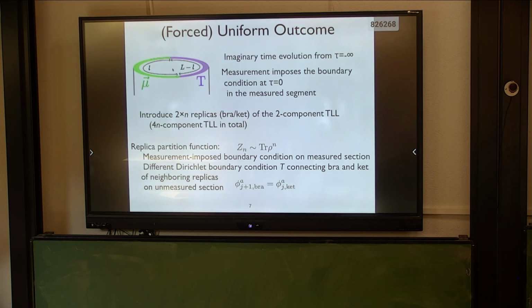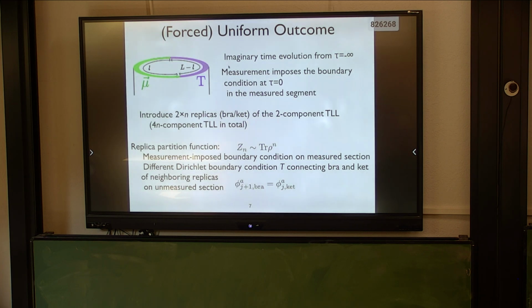Of course, that's a very special case, but easier to analyze theoretically. So I want to discuss first the special case when all the measurement outcomes are 0, 0 in the measured region, this green region. But in this purple region, I didn't do anything.